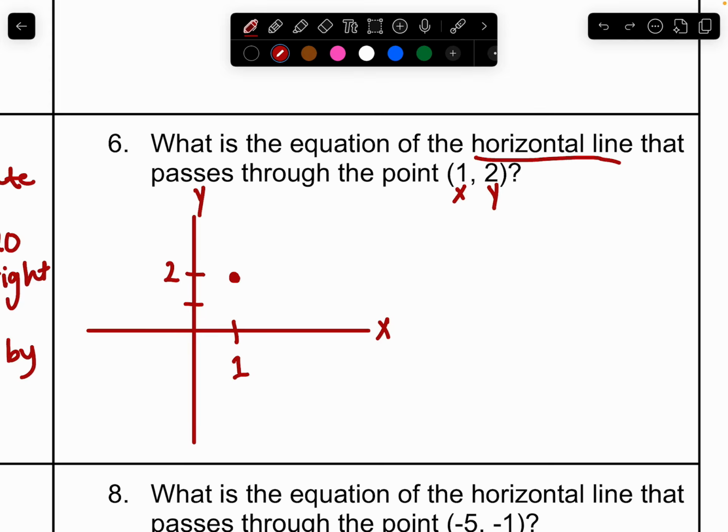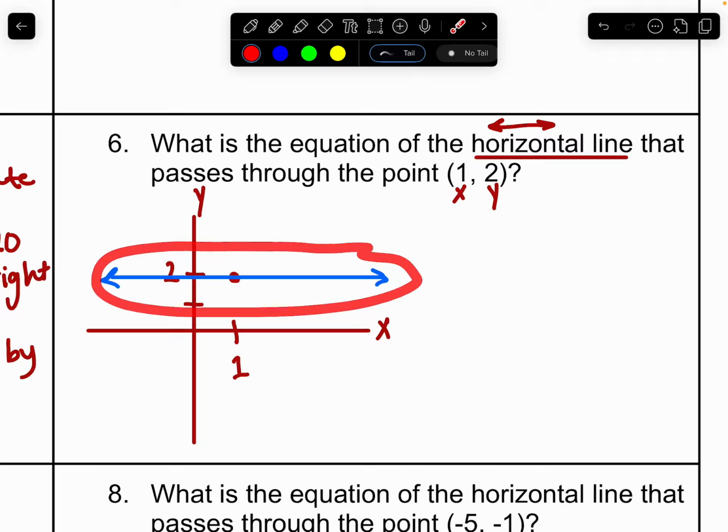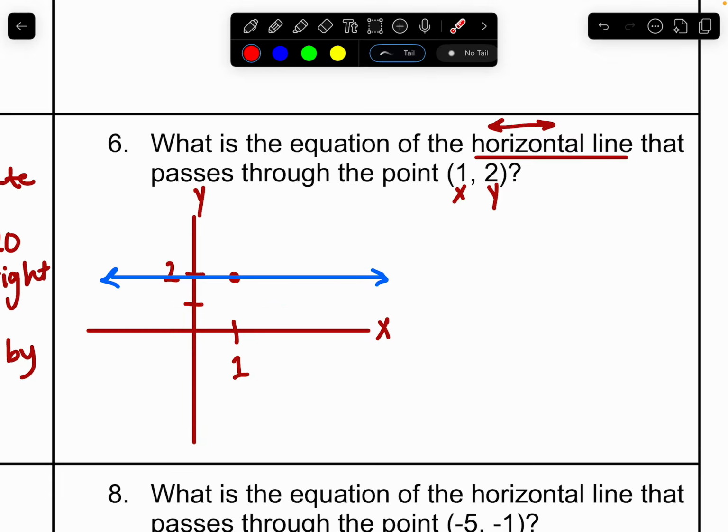And what's a horizontal line? Horizontal line is left to right, vertical is up and down. So in this case, you want horizontal to be flat. What's the equation of this? You have to remember, it's a line. Some will be positive slope, some would be negative slope.